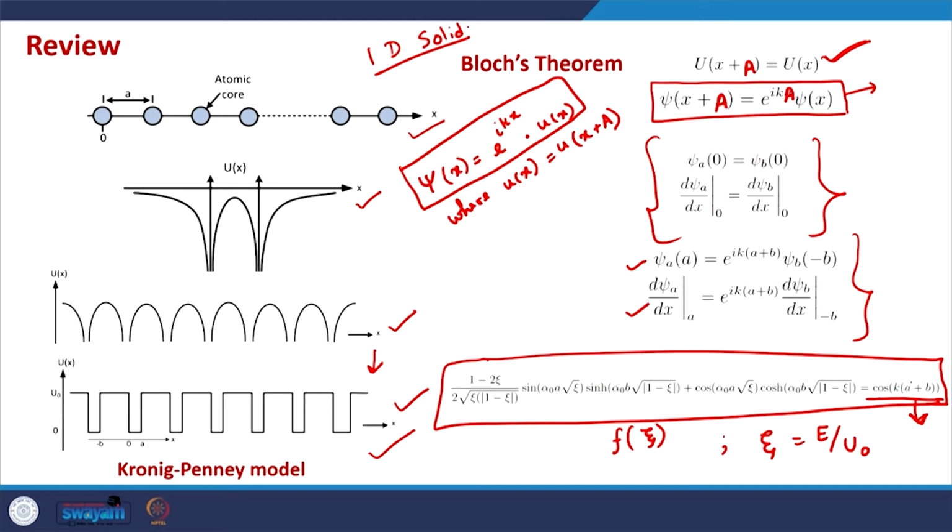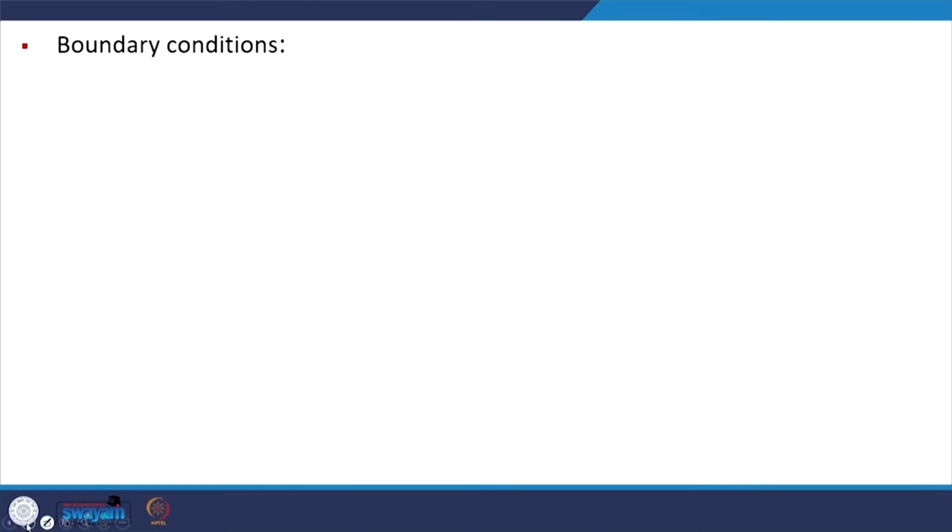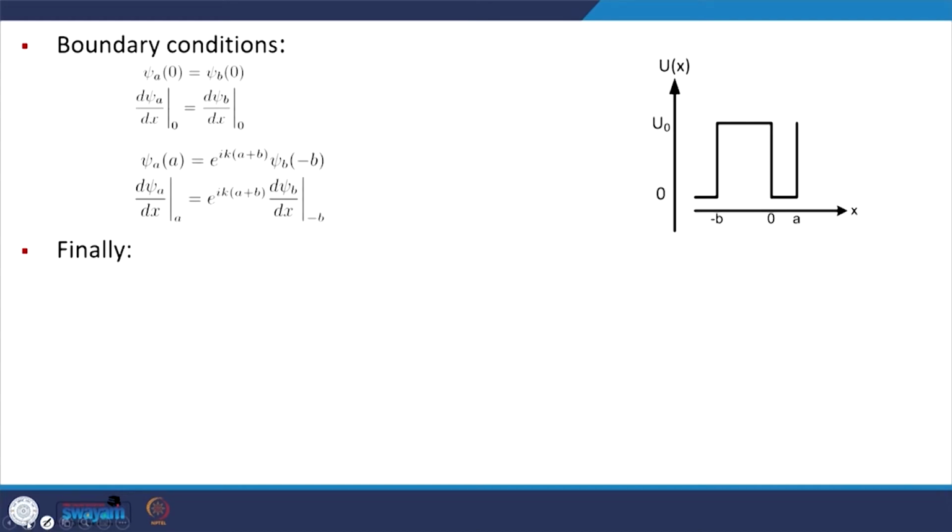So, on the left hand side we have the energy function, on the right hand side we have the k function, the crystal momentum function. In essence it will give us the energy corresponding to a given value of k. So, it will give us the E-k relationship for solids, in particular a 1D solid. That is what we will see, and we will try to understand that.